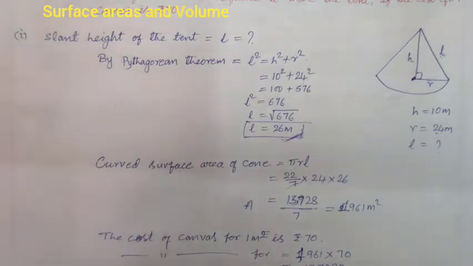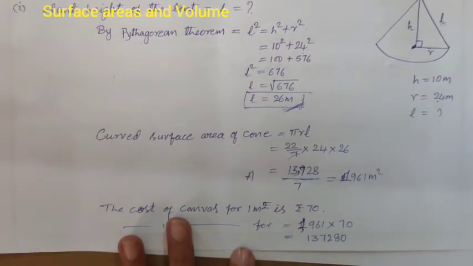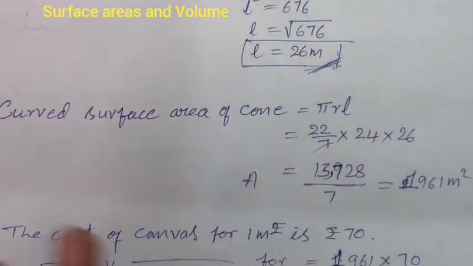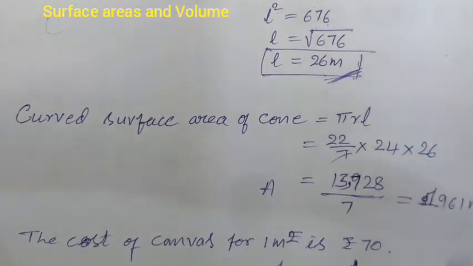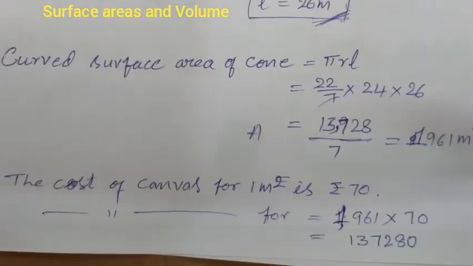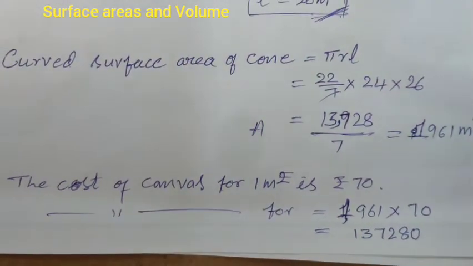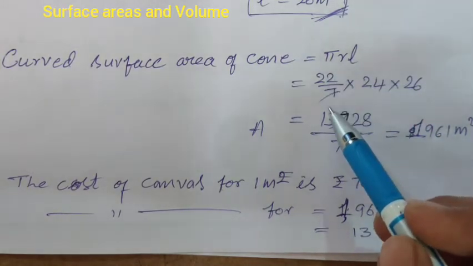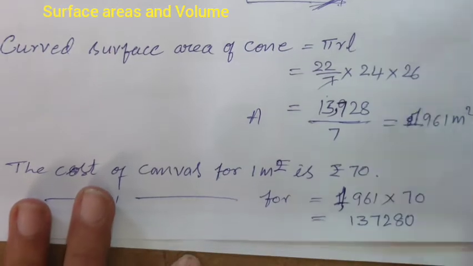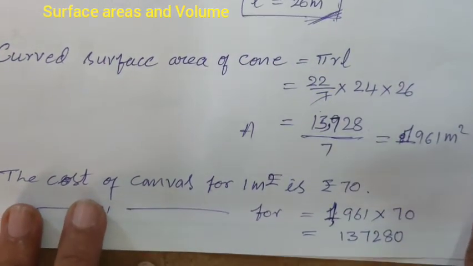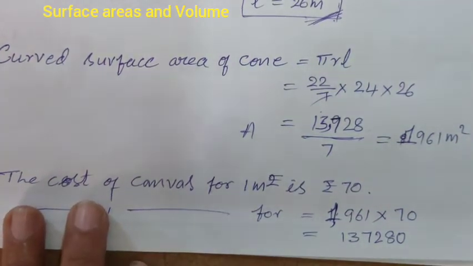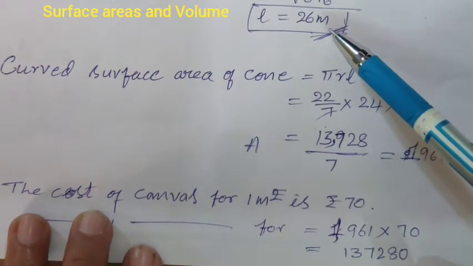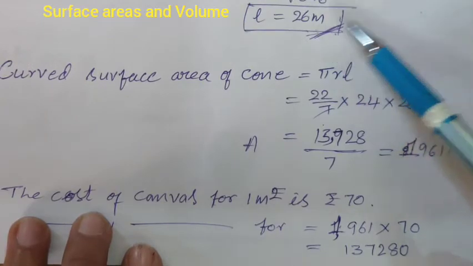What is the formula to find the curved surface area of the cone? The curved surface area of the cone is pi r L. The value of pi is 22/7, and r is given in the problem, that is 24, and the slant height we found is 26 meter.